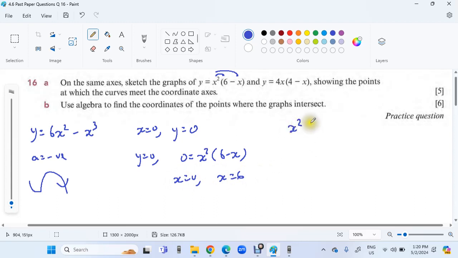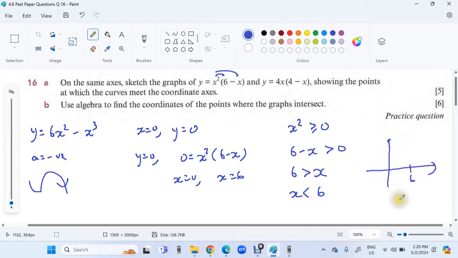We know that x squared is always greater than or equal to 0, and 6 minus x is greater than 0 when 6 is greater than x, that is x less than 6. So when x is less than 6, it is positive. 6 is here. So the graph will pass through 0, 0 and 6, 0, and the shape is something like this.